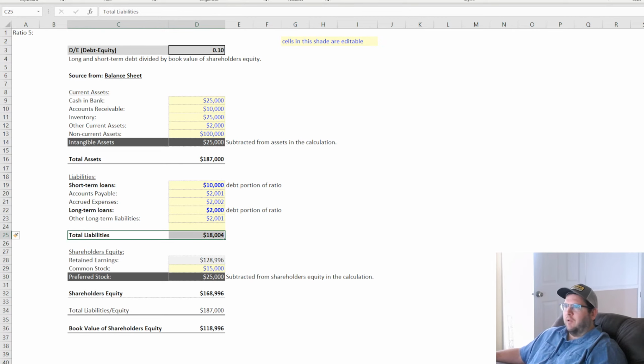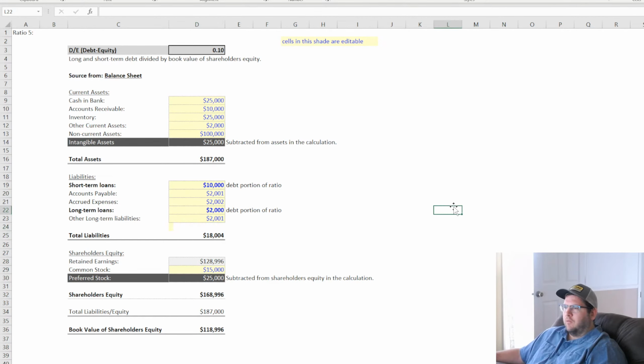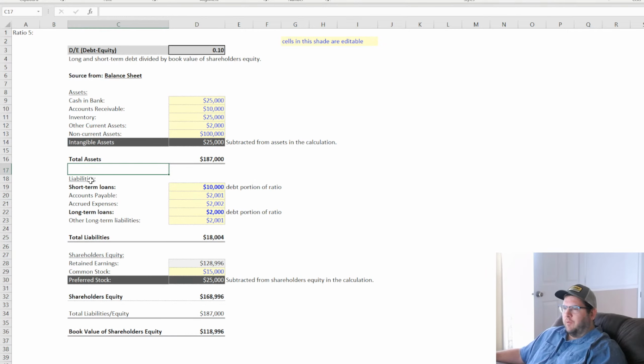Just trying to make this formatting a little bit better. These are all assets, not just current. So assets, liabilities, I think I like that without the borders on this.